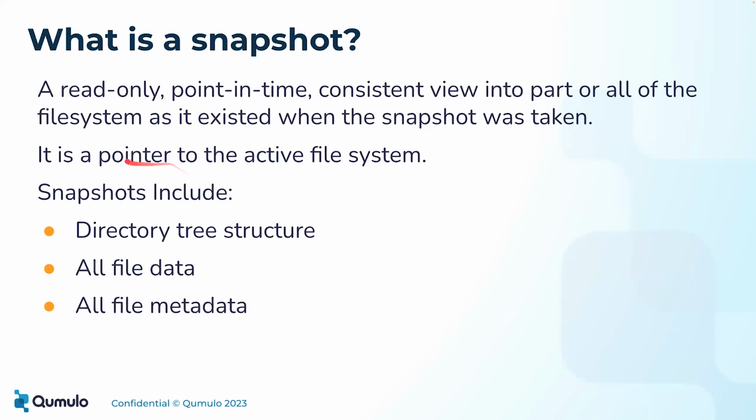So it is basically a pointer to the active file system. And snapshots will include the directory tree structure, all of the file data as it existed at that time, and then all the file's metadata.